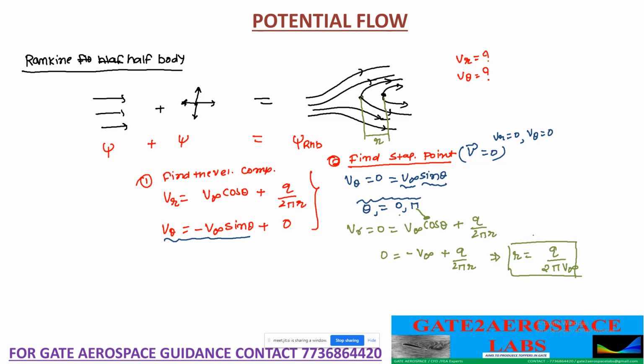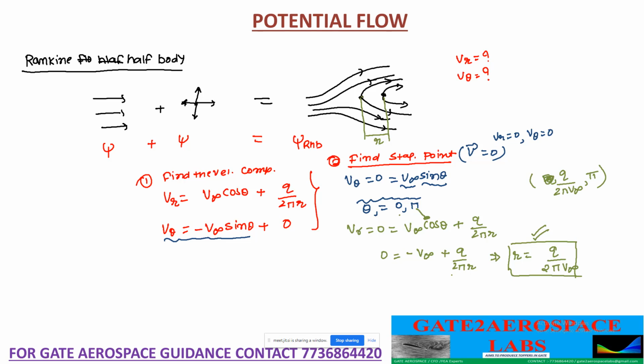So it basically tells us the location at which I am having the stagnation point. The stagnation point we will get at the radial component Q by 2 pi V infinity, and the next one is pi. Similarly, you can find for 0 also. There is no problem in that. Fine. This was our second objective.